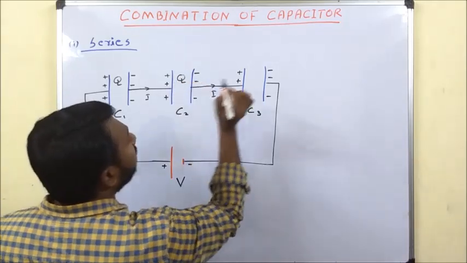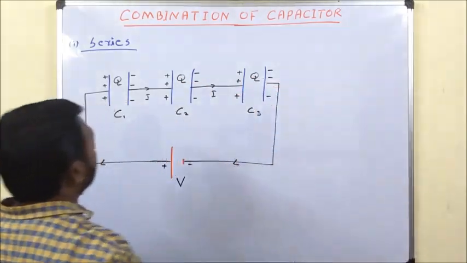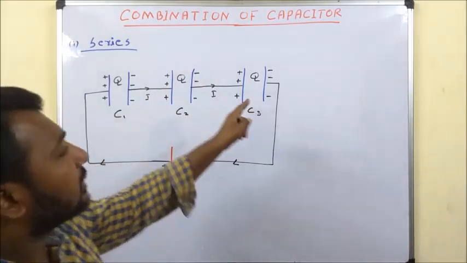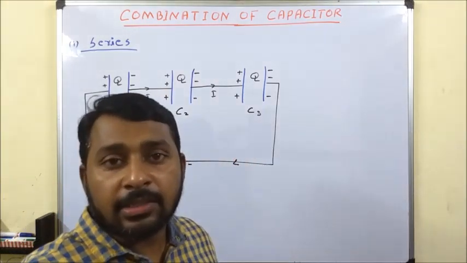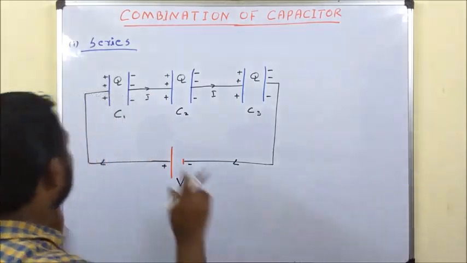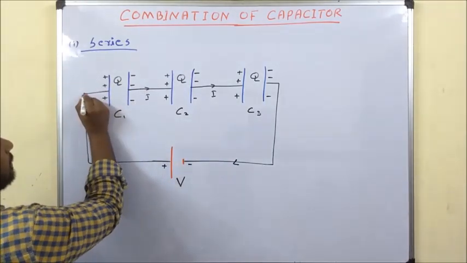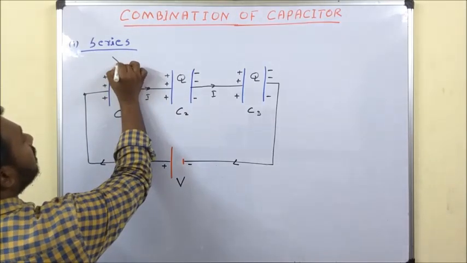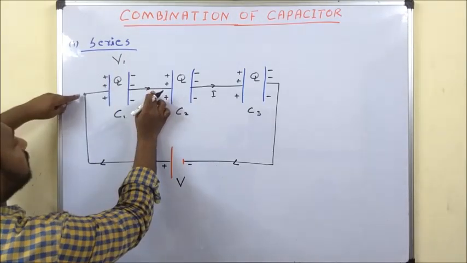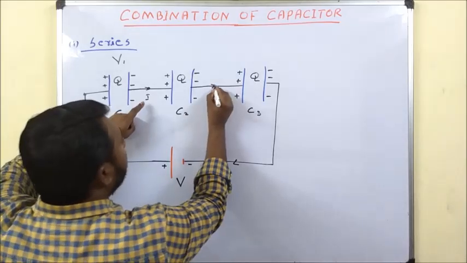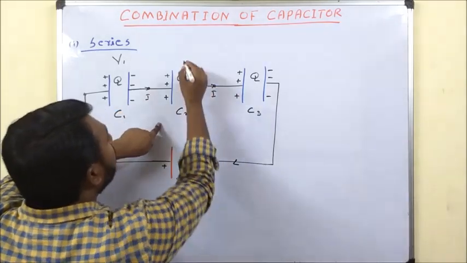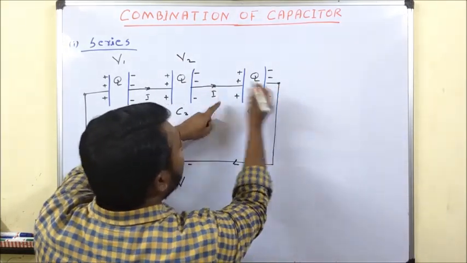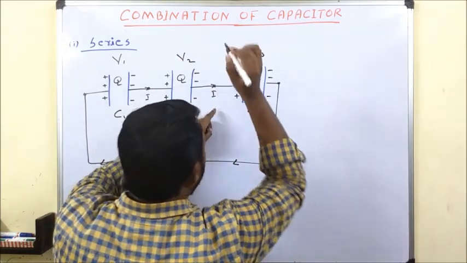It will also be Q. Clear? But the potential difference across each and every capacitor will be different. So across the terminals of the first capacitor C1, the potential difference will be V1, across the second capacitor C2 it will be V2, and across the third capacitor it will be V3.